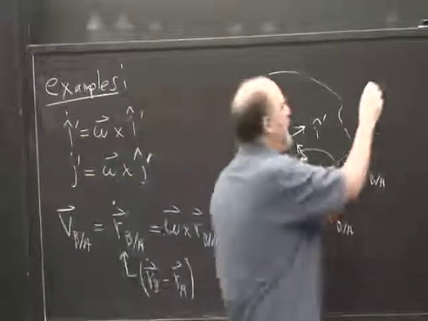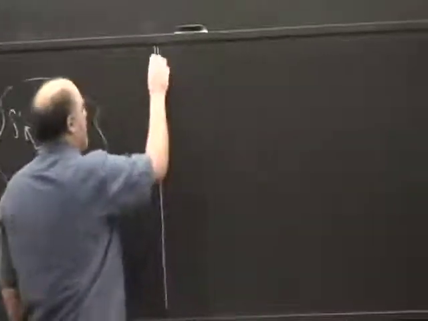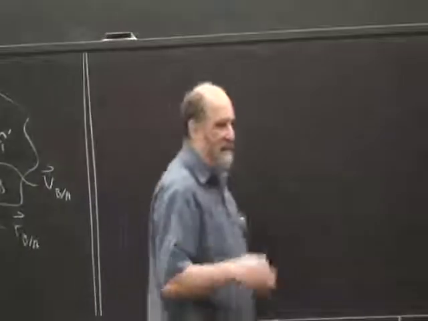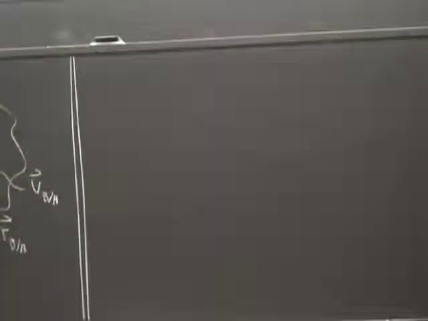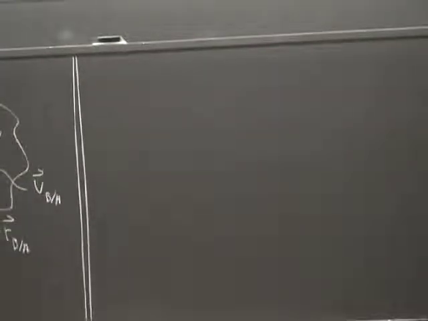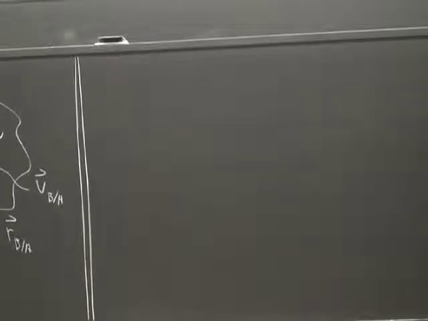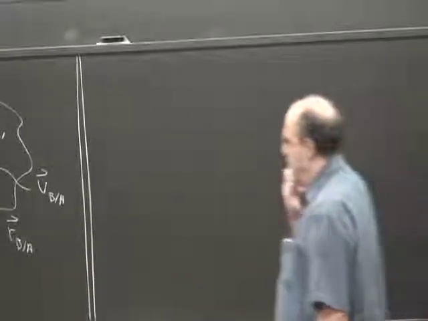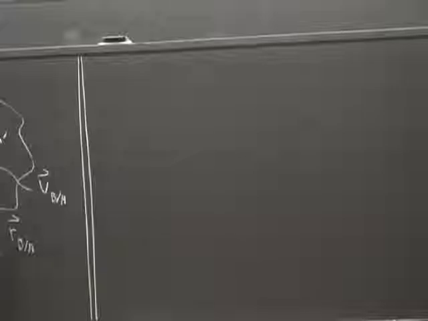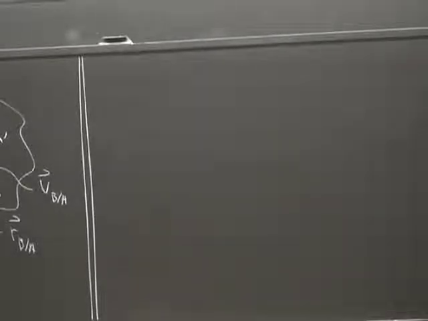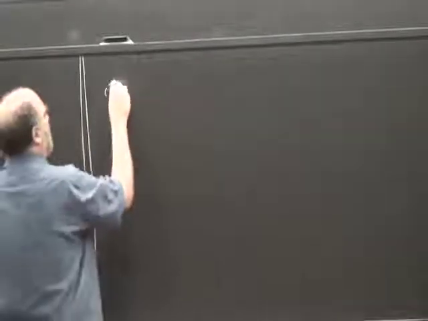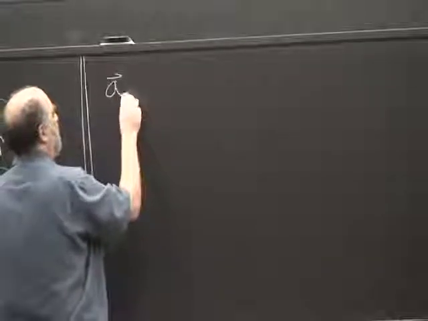Now we want to use this in mechanics. In mechanics, we're interested in acceleration because that's the stuff that shows up in linear momentum balance and angular momentum balance. So what about the acceleration of B with respect to A? And this is a derivation I did in class in a big hurry at the end of class just before break.